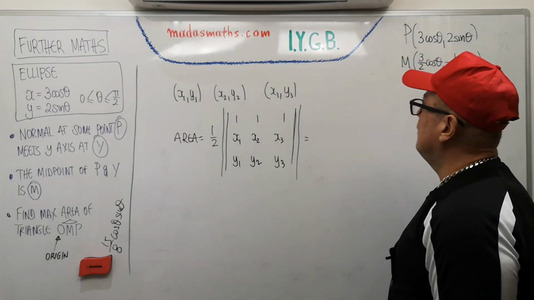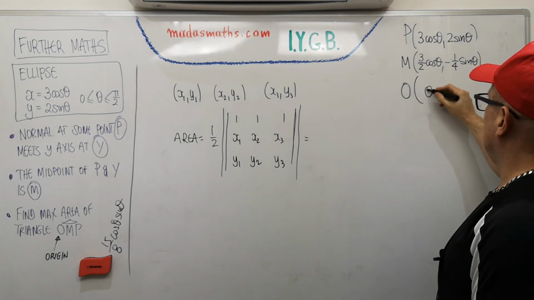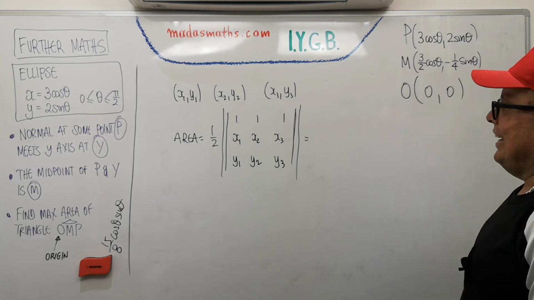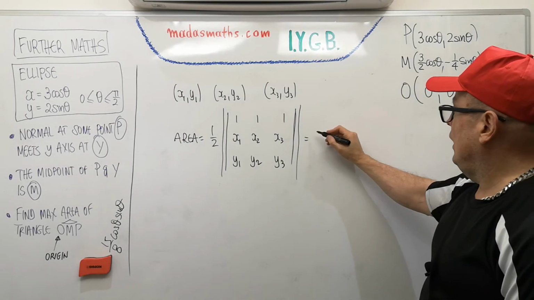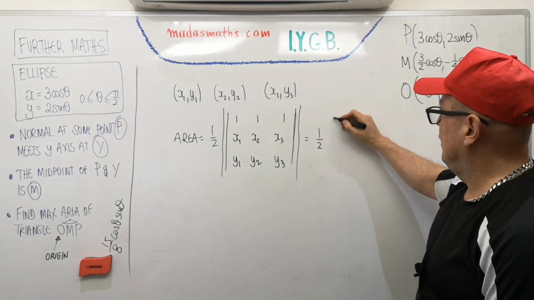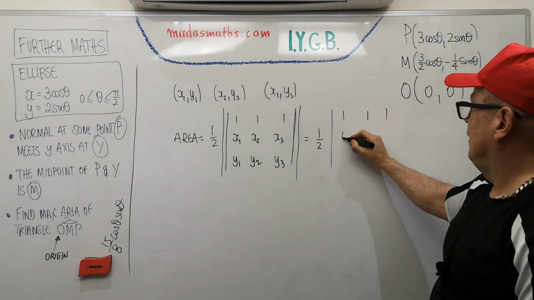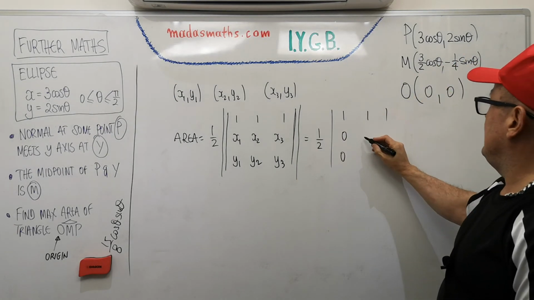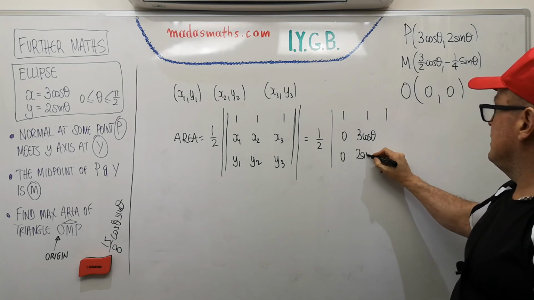So let's do it for our particular example. In our case, we have the coordinates. The third coordinate, of course, is the origin, which is 0, 0, which will make the calculation absolutely trivial. I did say you will need literally 30 seconds to do this. So the answer is a half, 1, 1, 1, 0, 0. The other point is 3 cos theta, 2 sine theta.